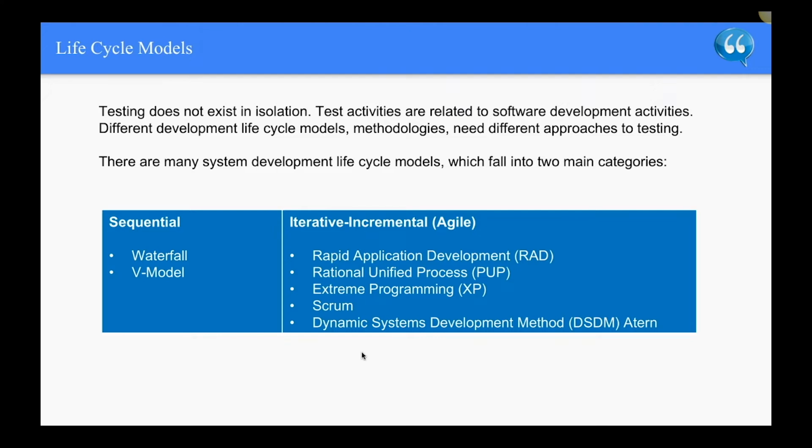There's also rapid application development. It can be defined as the rational unified process, extreme programming, Scrum, dynamic system development method. So you see all these short names out there. The most common ones you hear are waterfall, which is an old way of doing development, V-model, and agile.